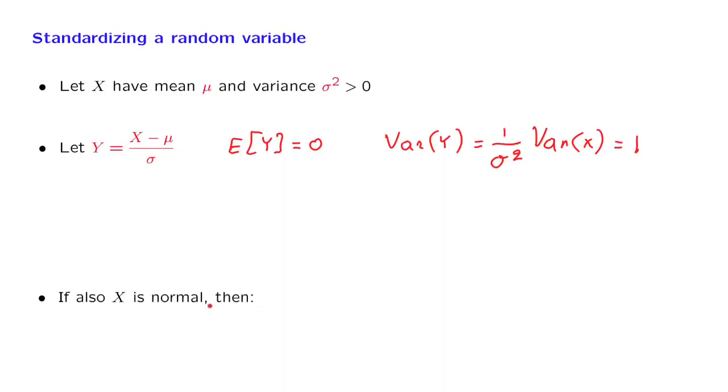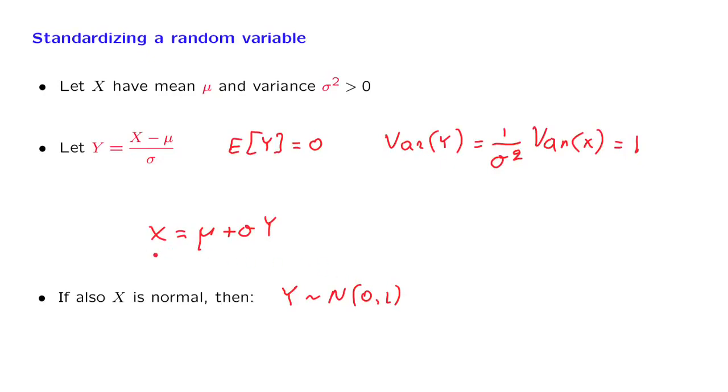If it also happens that X is a normal random variable, then Y is going to be a standard normal random variable. So we have managed to relate X to a standard normal random variable, and perhaps you can rewrite this expression in this form: X equals mu plus sigma Y, where Y is now a standard normal.